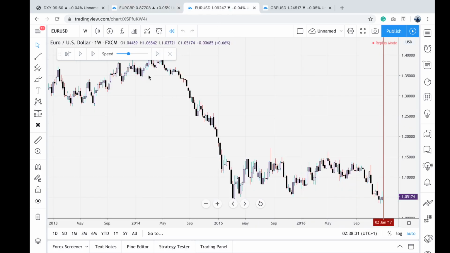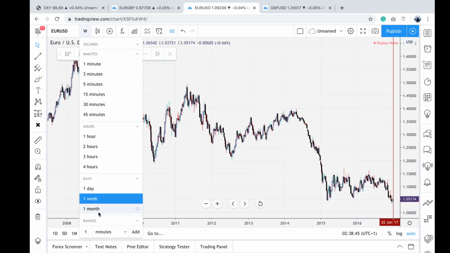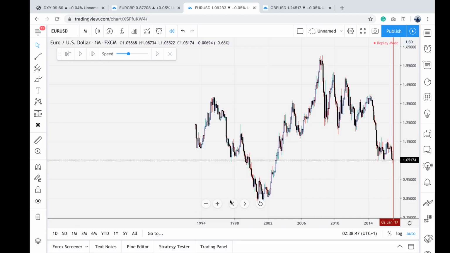Okay, so now for your USD, you want to do the same thing you did on DXY. There's nothing really to reference in terms of a monthly, as price is very, very low at this point. Well, let's check the monthly. We could see something to reference.